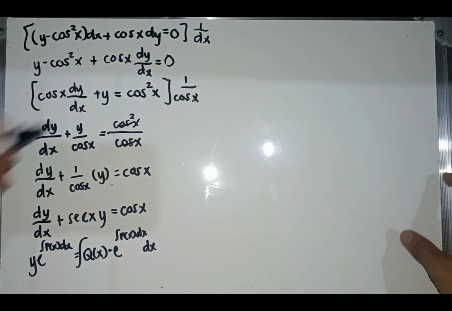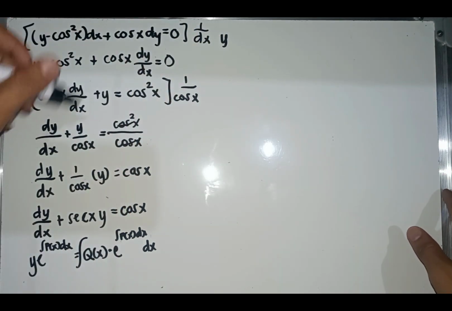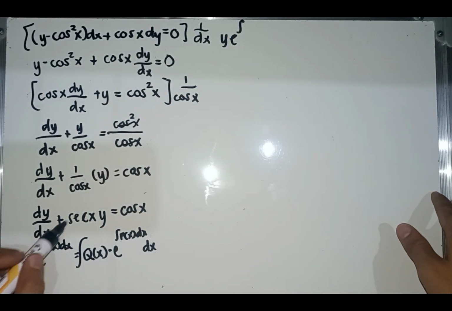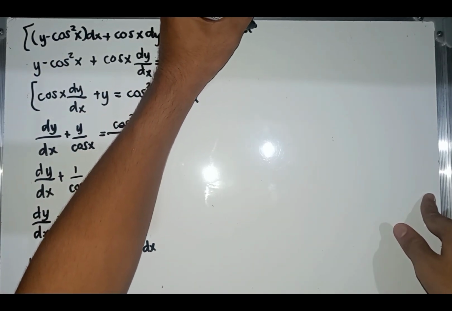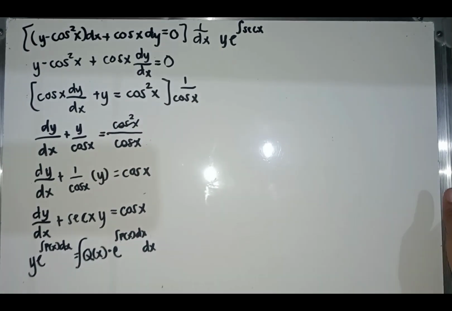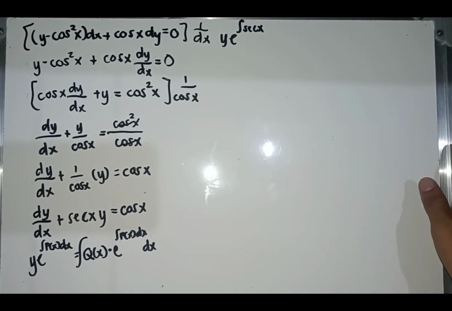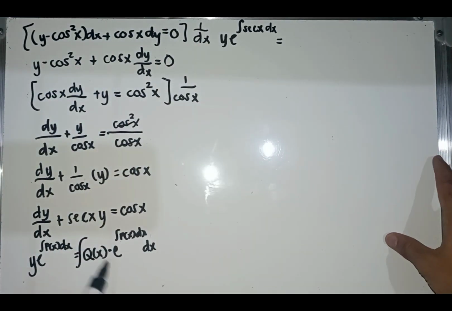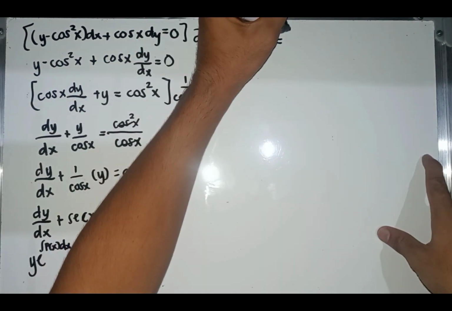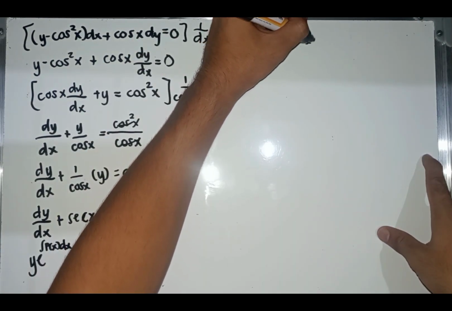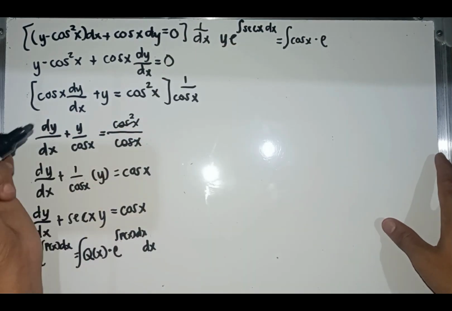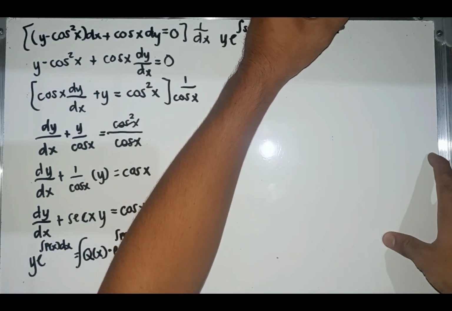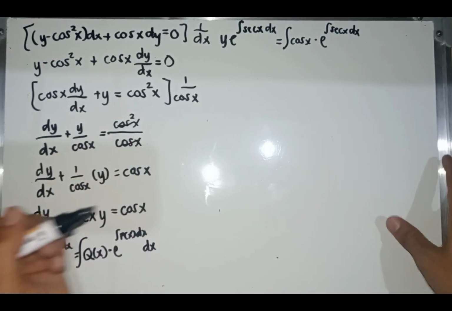So we have y multiplied by e to the integral of P of x, which is secant of x, so secant of x dx, is equal to, we have Q of x as cosine of x, so the integral of cosine of x multiplied by e to the power of the integral of secant of x dx.